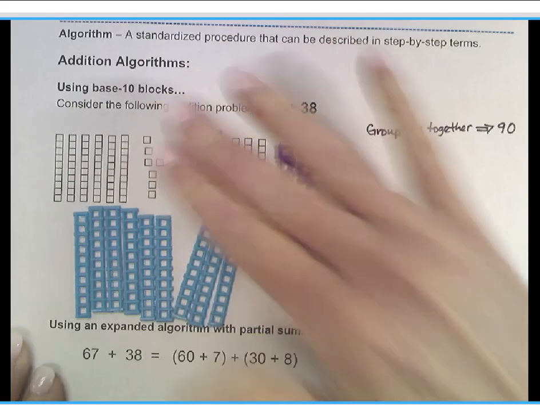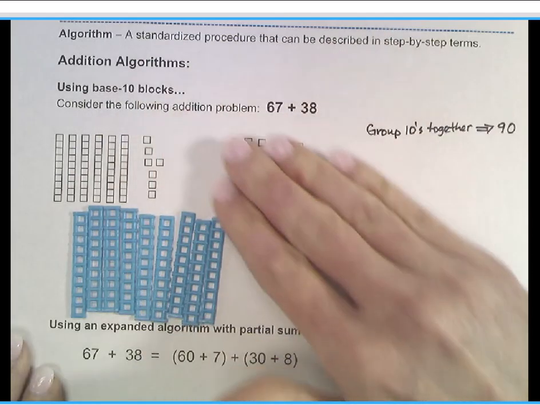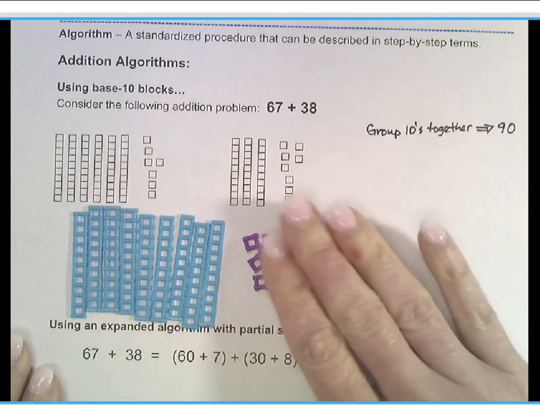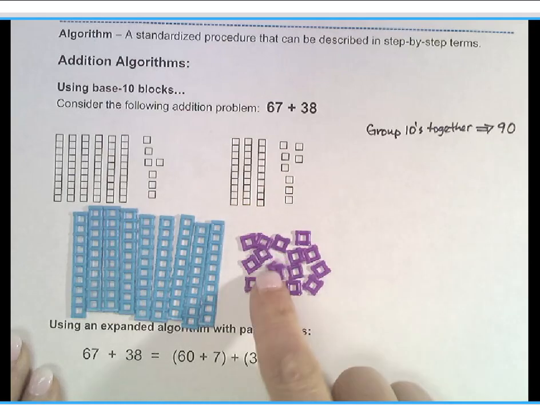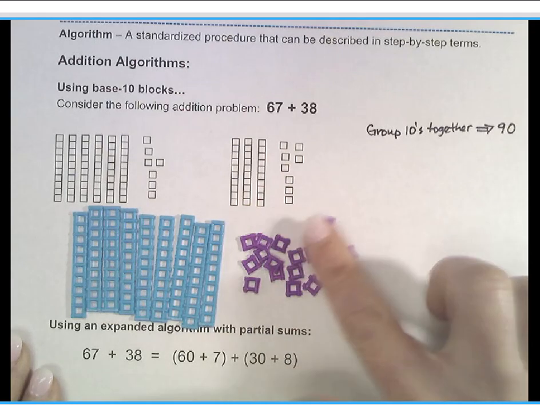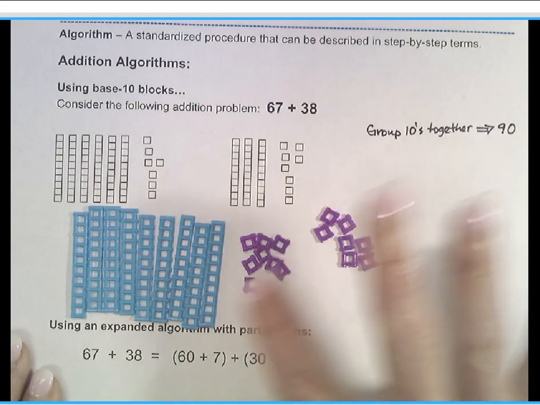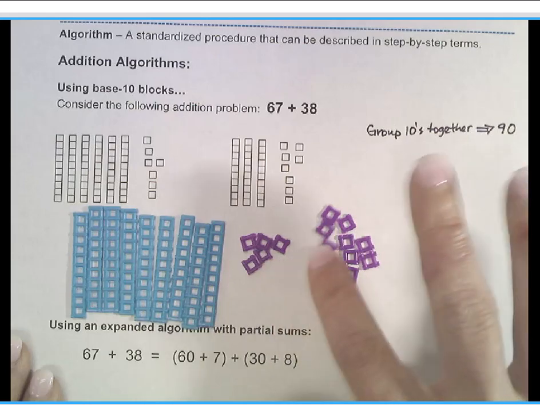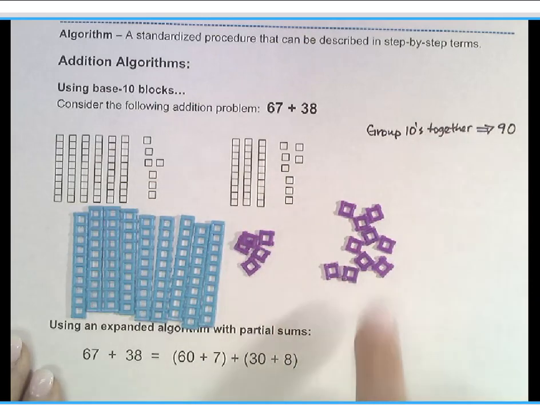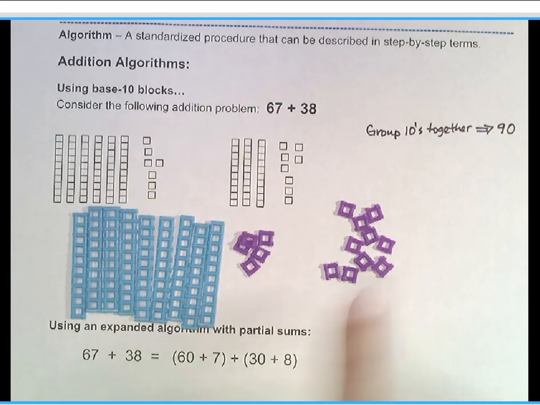Now, if I group my little 1s together, I have 7 and I have 8. What I have here is 15. If I take 10 of them, 1, 2, 3, 4, 5, 6, 7, 8, 9, 10, I could turn those 10 into a long.